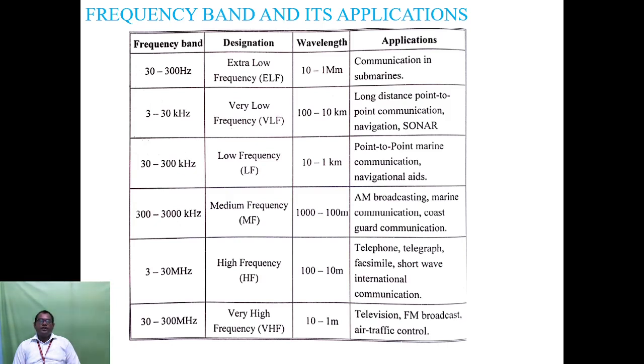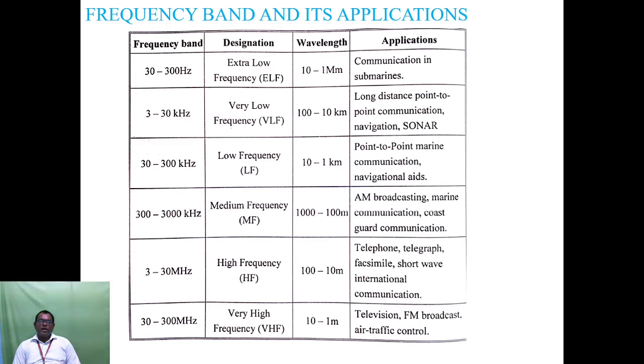The range of 3 to 30 kilohertz is very low frequency, the wavelength is 100 to 10 kilometers, and it is used in long distance point to point communication, navigation and sonar, that is sound navigation and ranging applications. The band 30 to 300 kilohertz is low frequency, the wavelength is 10 to 1 kilometer, and it is used in point-to-point marine communication and navigation systems.